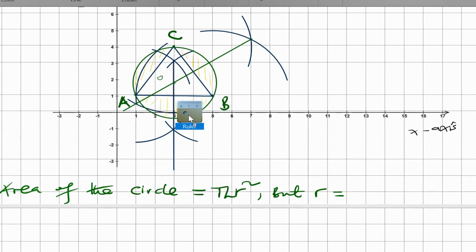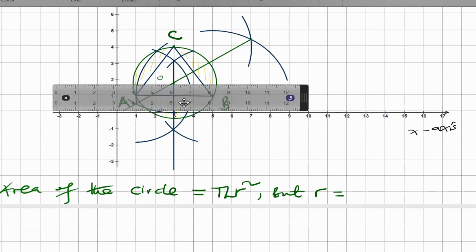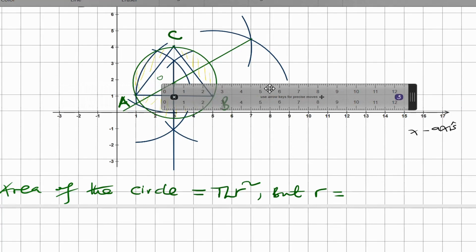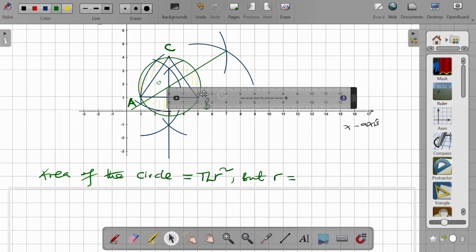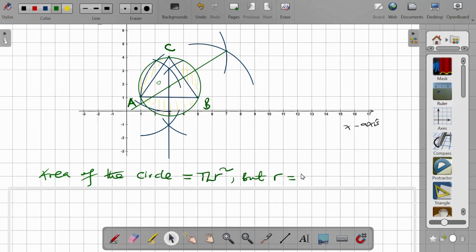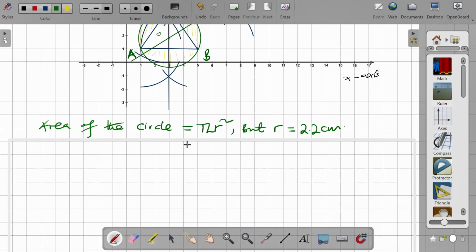Bring our ruler here from the center, it's point O. So the radius is from here to here, which is 2.2. So we can have the radius as 2.2 centimeters.